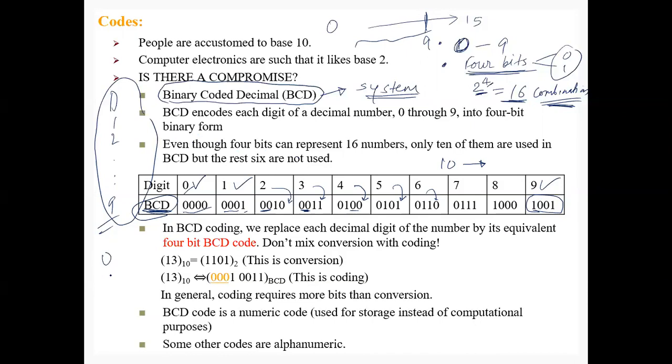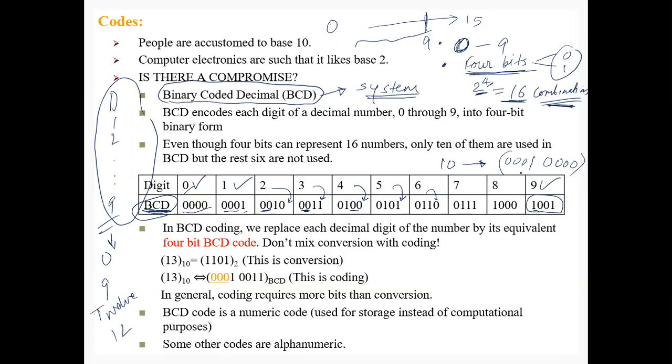We have 0 through 9 in the decimal system. How do you represent 12? We use 1 and 2. It's like that. In BCD, we have 0 through 9, but if you want to represent 10, first you represent 1, which is 0001, then you represent 0, which is 0000.